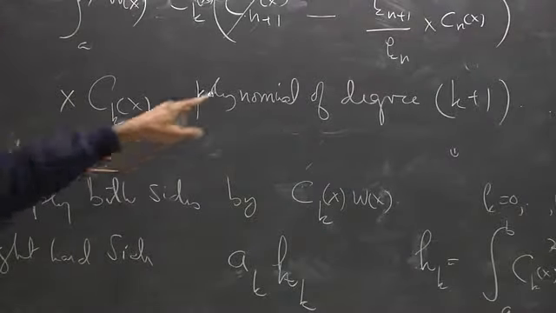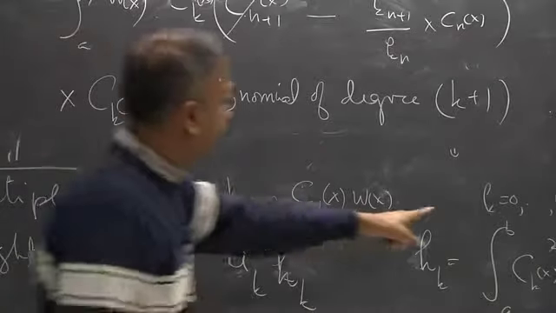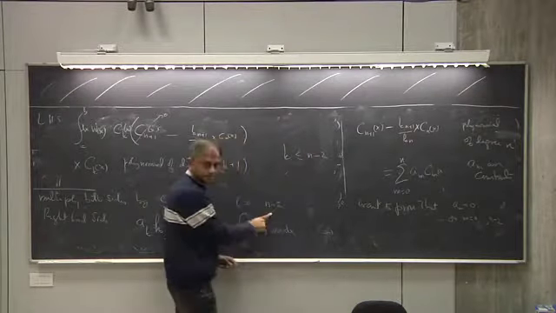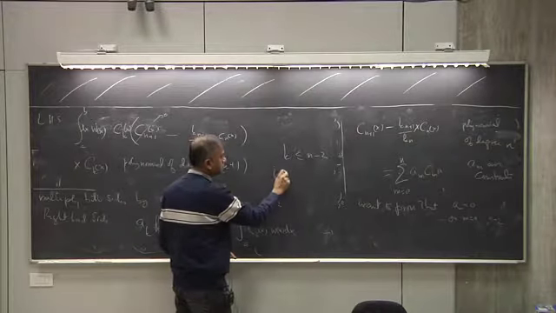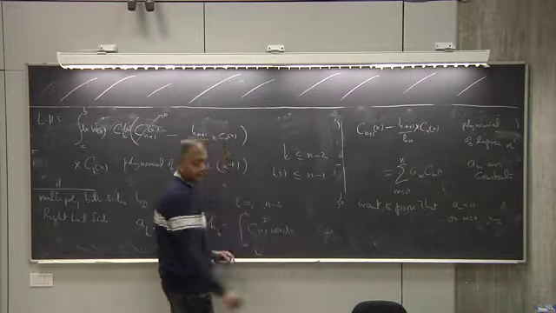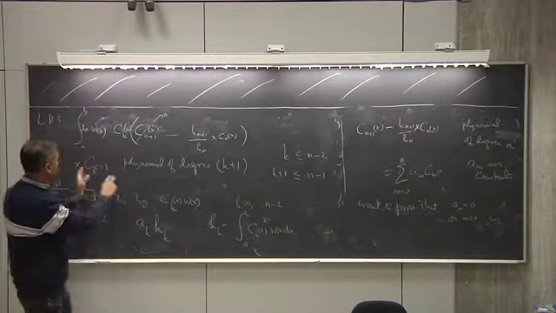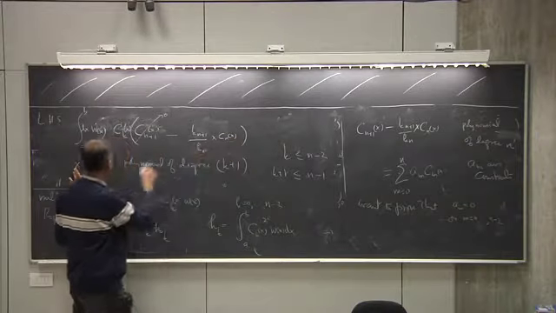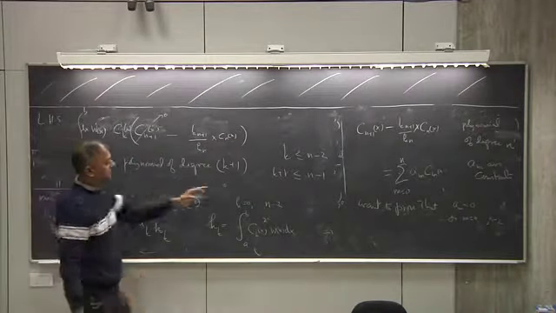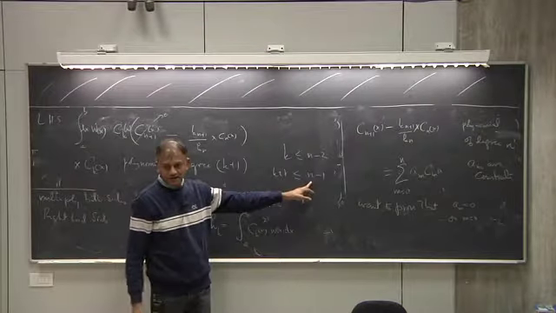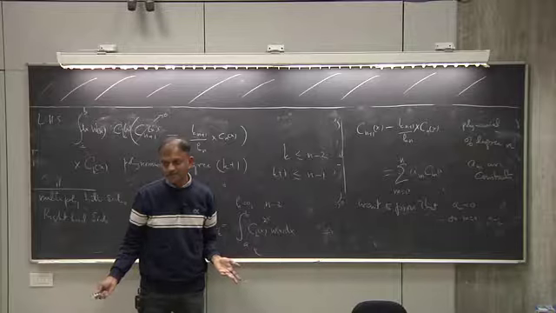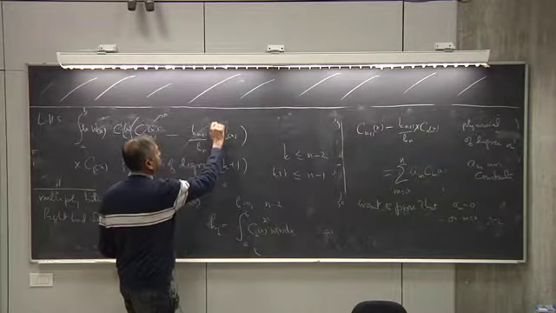I'm multiplying by x, so it's k plus 1. But k is less than or equal to n minus 2 here, so k plus 1 is less than or equal to n minus 1. So you have this multiplying with c_n(x). So what we have is c_n(x) times some polynomial of degree less than or equal to n minus 1, and I'm integrating, but that is orthogonal, it vanishes. So this integral also vanishes.